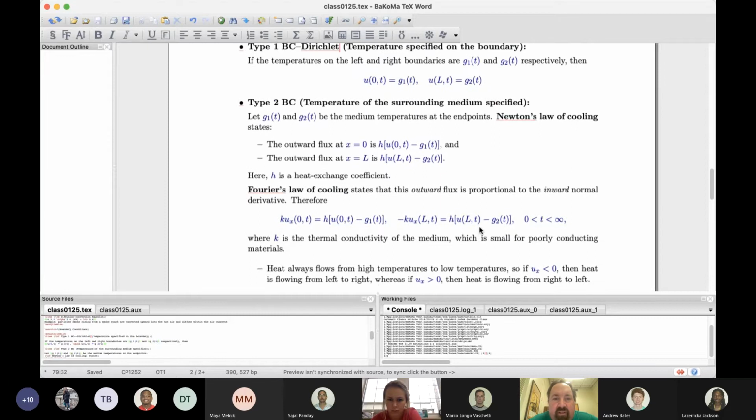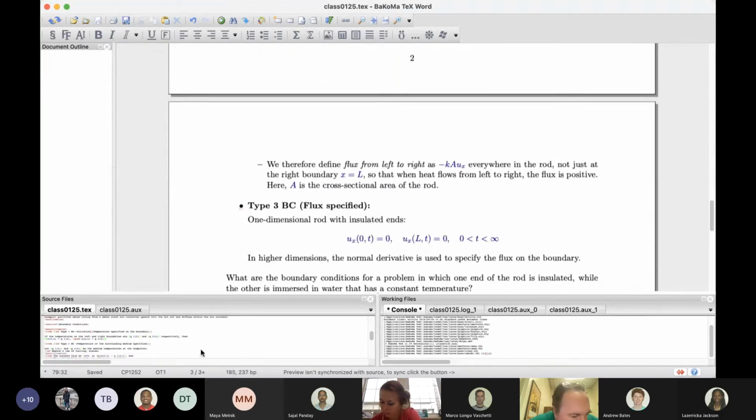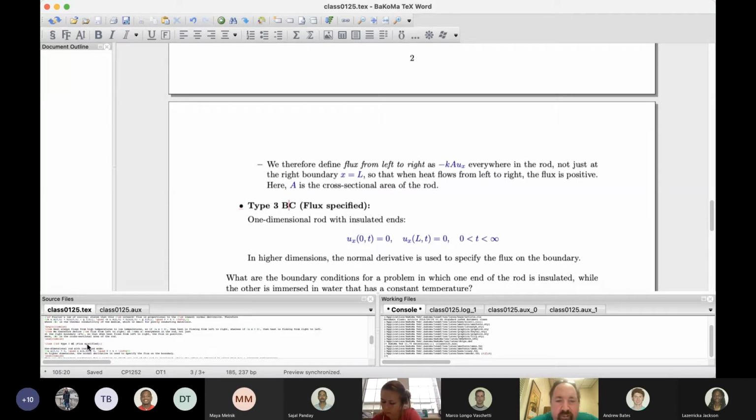Actually, I'm going to skip around here to type 3, then I'll come back to type 2, because that way the names will make more sense. This type of boundary condition is called Neumann, where the first partial derivatives of the solution instead of u itself are specified to either be 0 or equal to functions of t, like in the case of Dirichlet conditions.